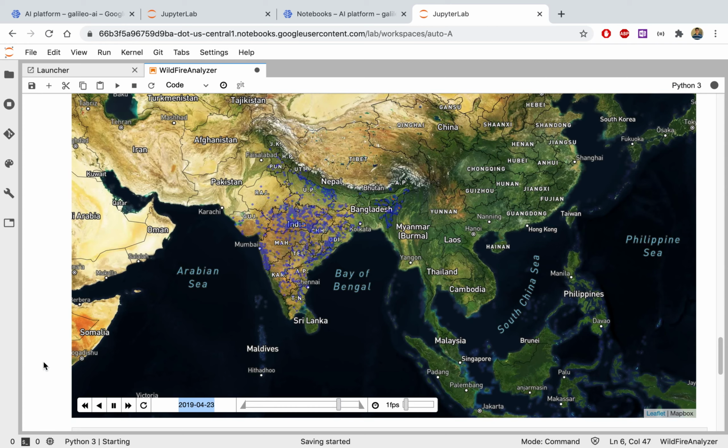So during the April time, you see that there's a lot of fire and the red dots around the northeast, and then there is a lull period around this time. Then you'll start seeing some activity around Punjab and UP, and you go ahead again.